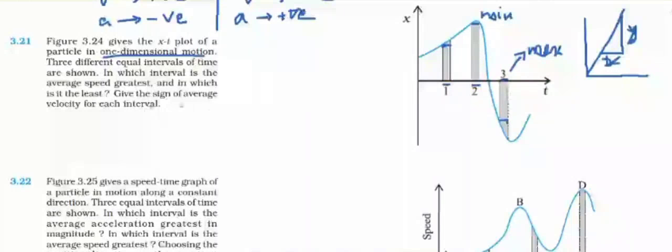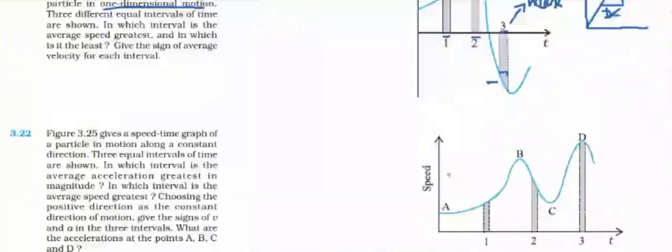Then give the sign of average velocities. You can see here your position is positive, so average velocity is positive. Here also it is positive, while here it is negative. Same. Now question 22 is a similar question.